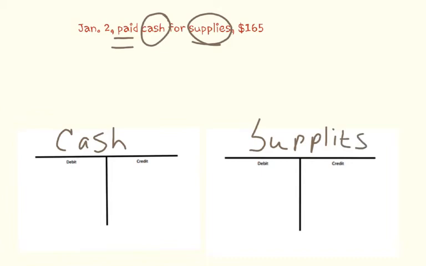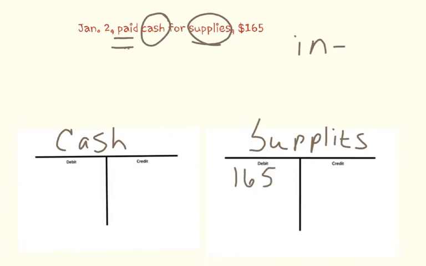What did we get in the business? What did we purchase? Exactly, supplies. So since we got the supplies in and the asset has to increase, what side do we put it on? Debit or credit side if an asset increases? Yes, exactly. The debit side.